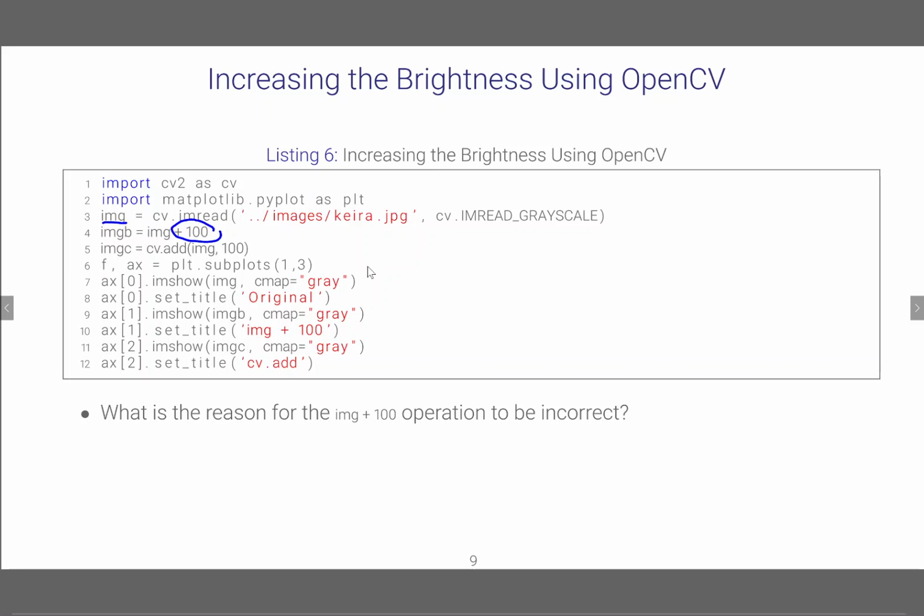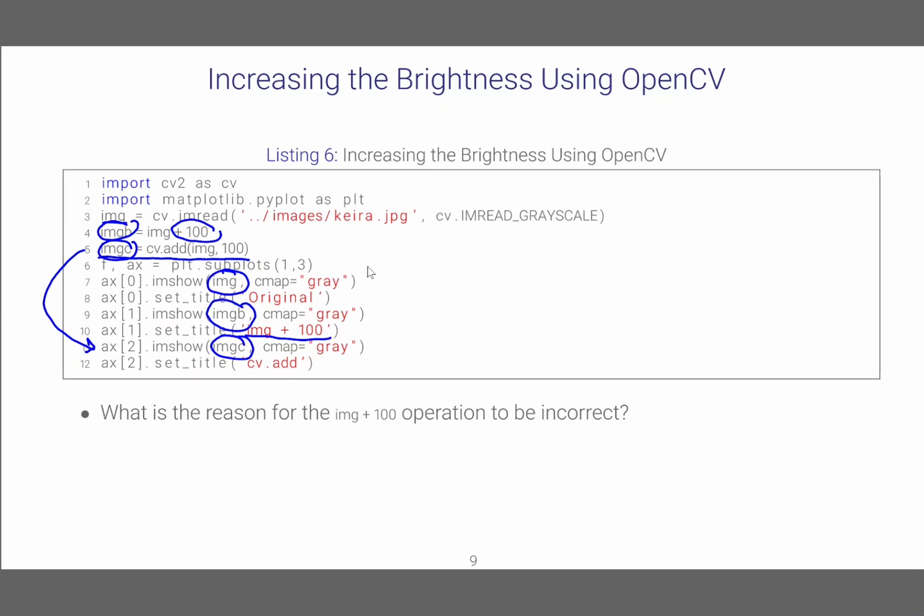And then the other way of doing that is cv.add img, 100. So this is image B, this is image C. So I am displaying the original image here, then the image with this operation. So I am using that as a title so that it's easy for us to see. And then the third one is this brightness increase done using OpenCV.